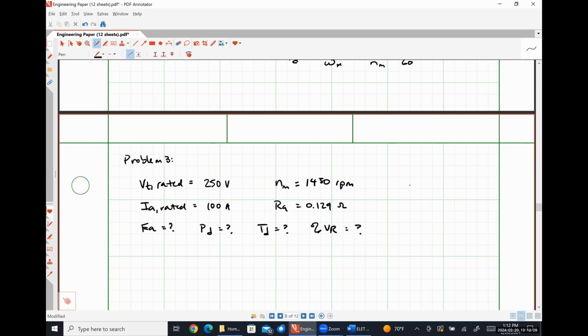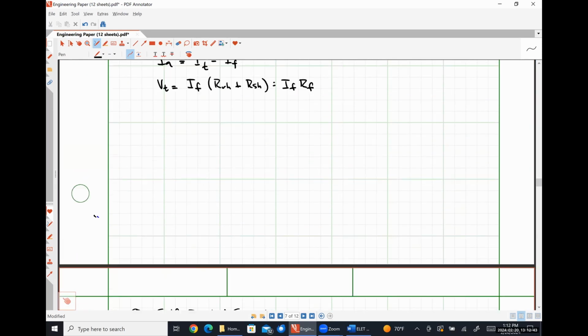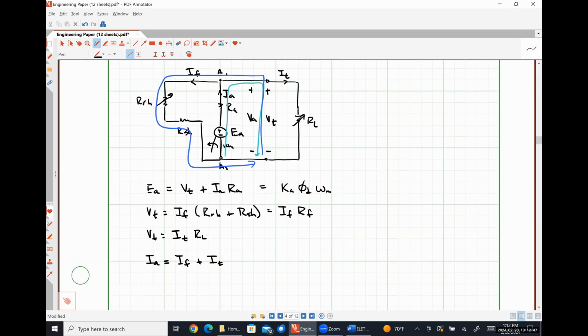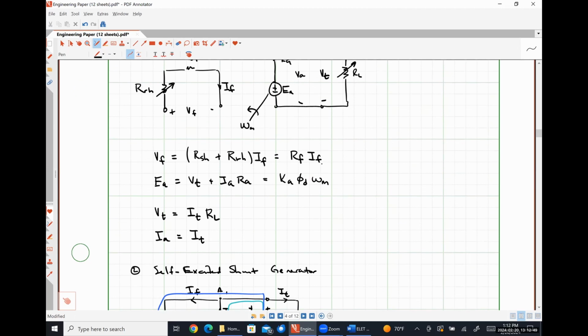And we're also told that it's a separately excited machine, right? So we go back up here to a separately excited generator. These are all of our relationships, right?